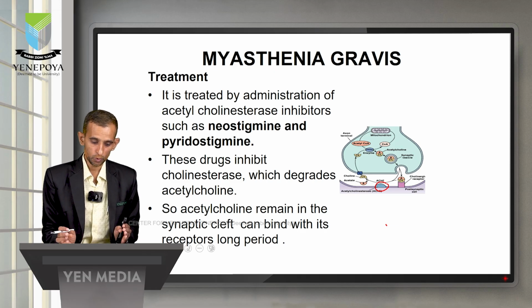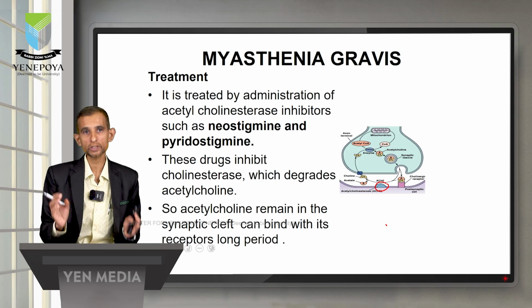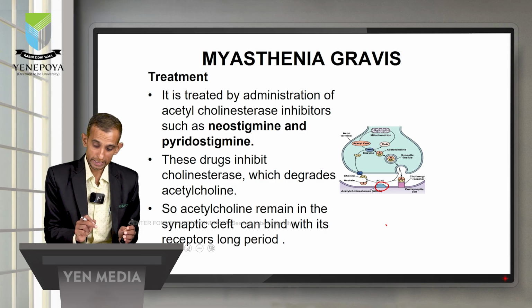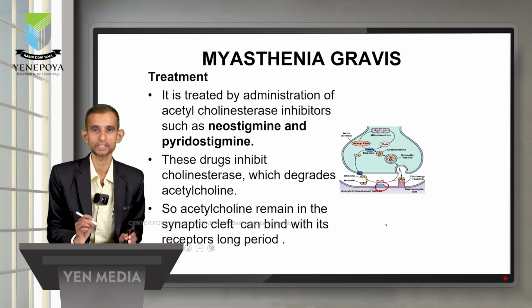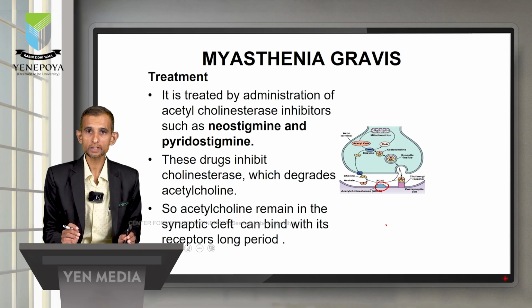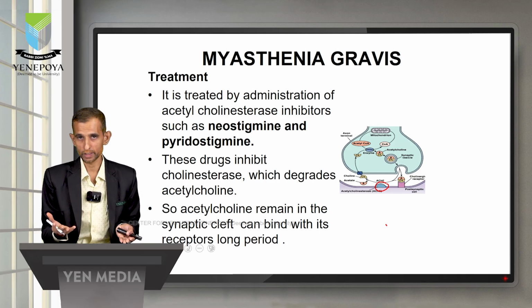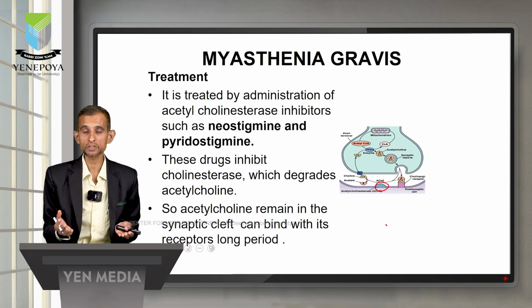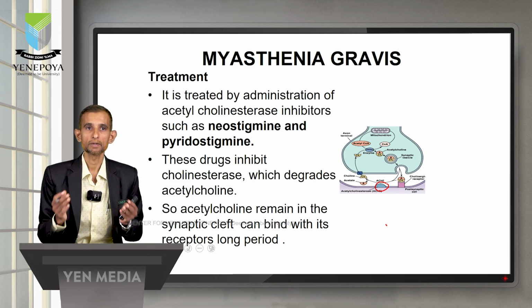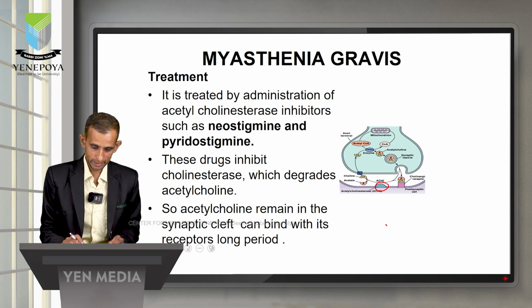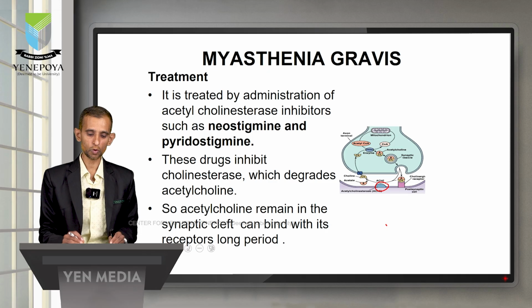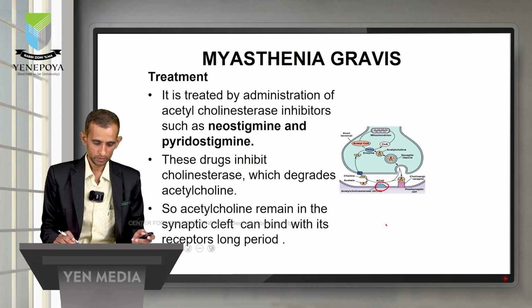So, a drug like neostigmine will inhibit the acetylcholine esterase, so as to make more and more acetylcholine available for the transmission of impulses from the presynaptic membrane to the postsynaptic membrane.